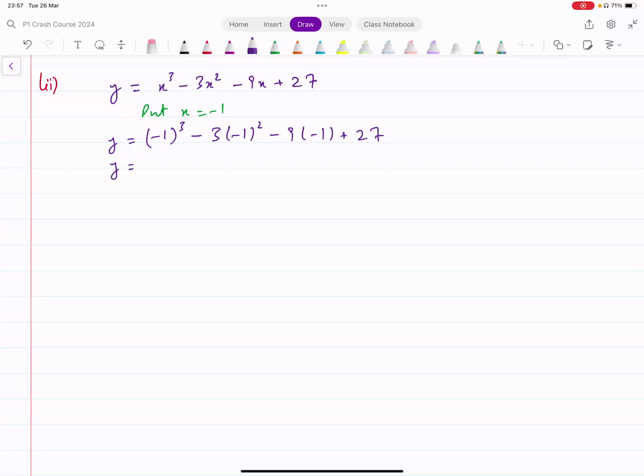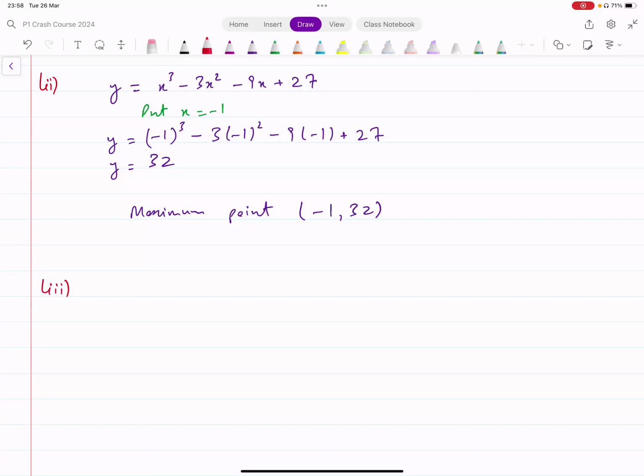What's the value of y that we get? -1 minus 3 is -4 plus 9 is 5 plus 27. Is it 32? Yes, sir. Right? So y is 32. That means the maximum point is (-1, 32). That's the maximum point that we were looking for.